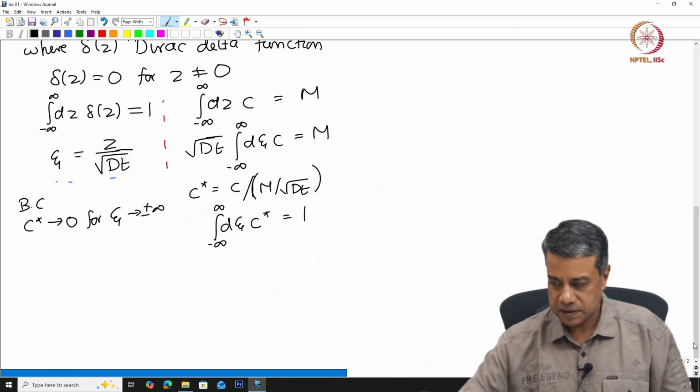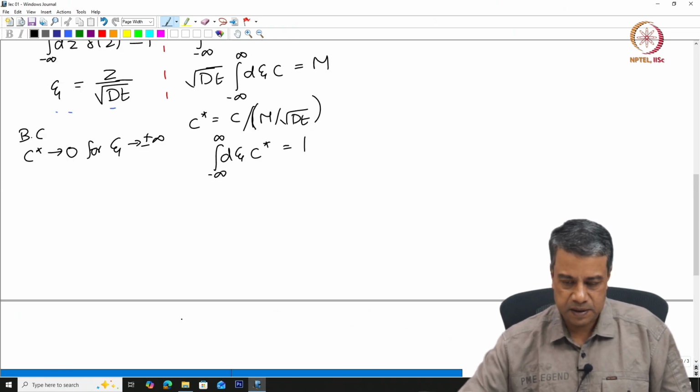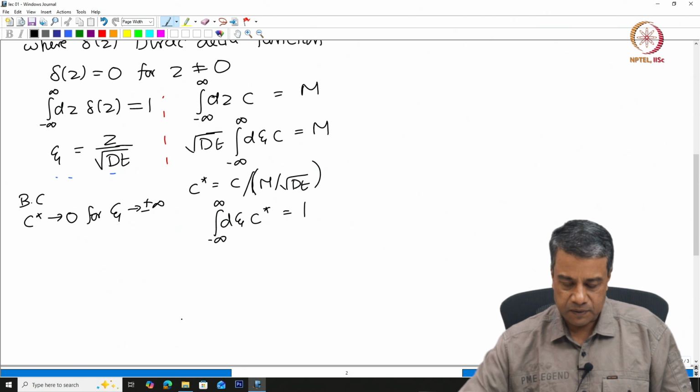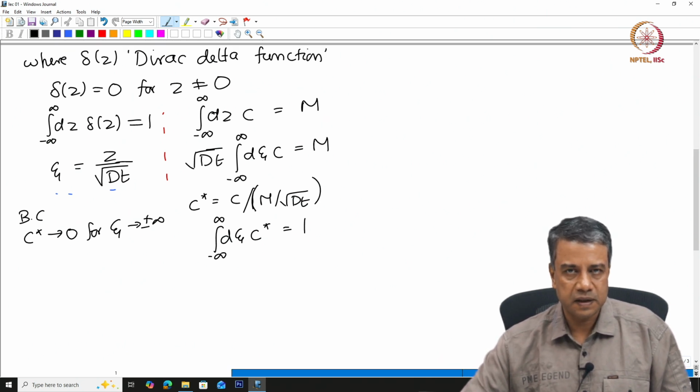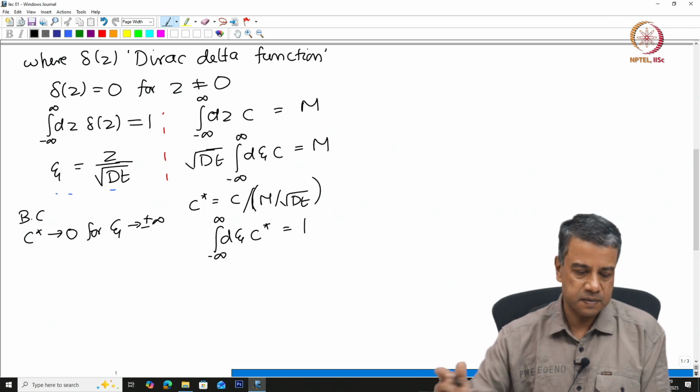So, how do we solve this? The procedure is the same as in the case of an infinite medium. We have to define the derivatives of the concentration field in terms of c star and in terms of psi.